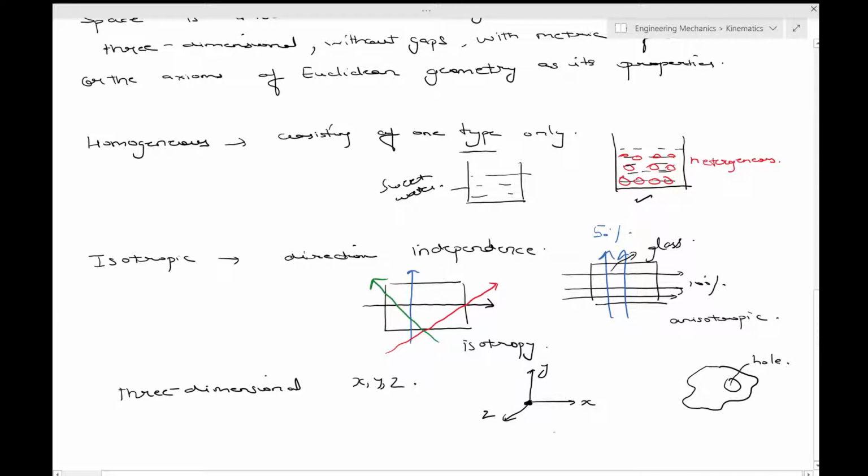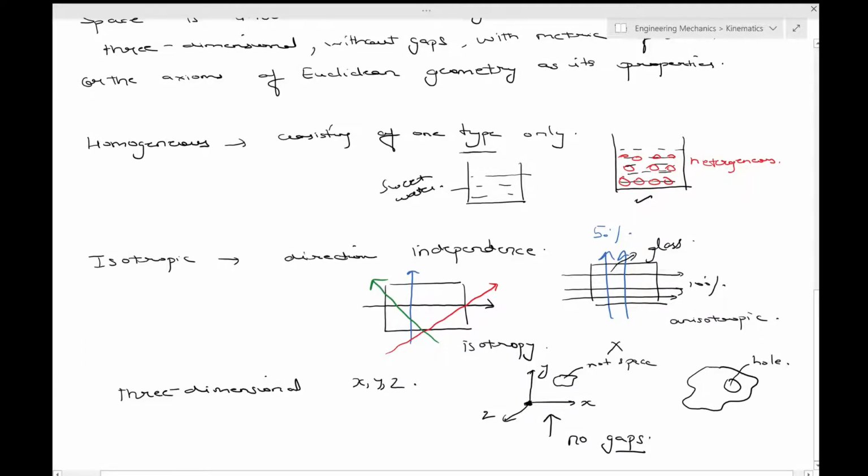But in your space, this 3D space, there cannot be any gaps. So you cannot say that inside this space I have this region which is not space. This is not allowed. You will only call it a space when there is no gap in it.